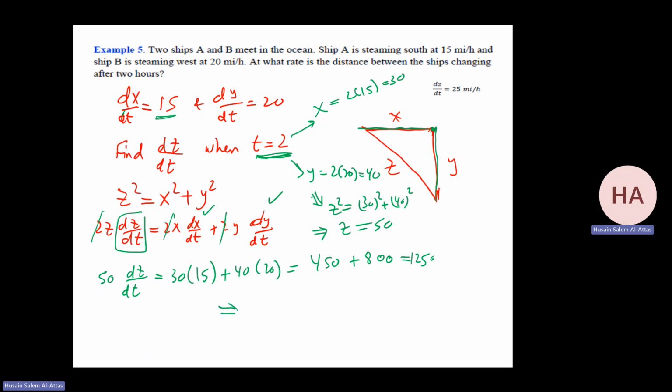So dz by dt equals this over 50, which is 25. What is our answer? Yes, 25.